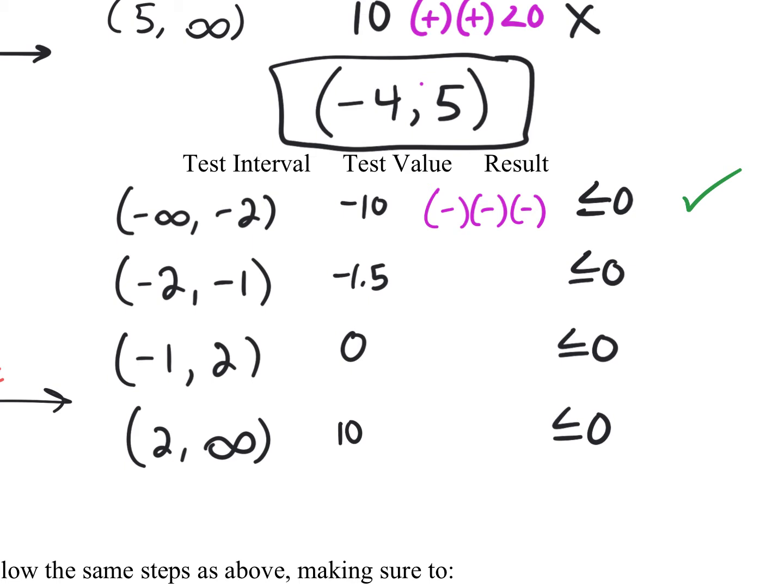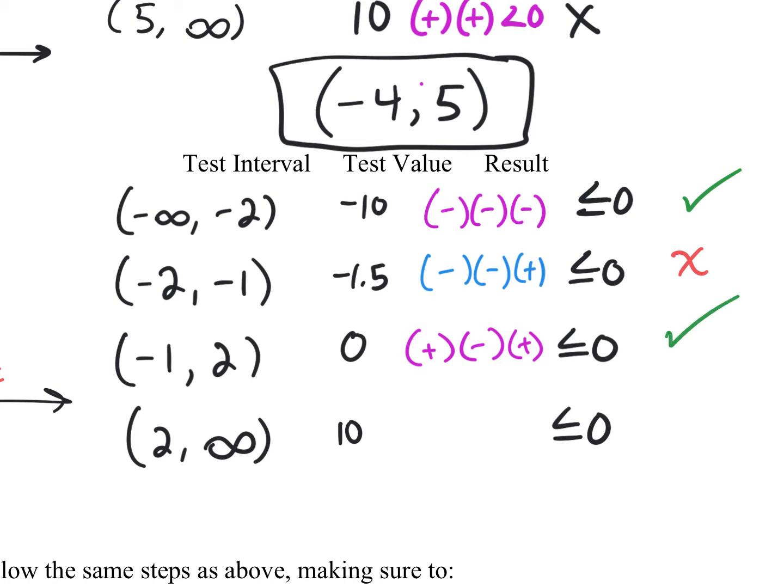My next test is going to give me a negative value and a positive value. Right, one of my factors would be positive, so therefore this set would not be part of my solution. My next set, if I plugged in 0, I'd get a positive times a negative times a positive, with a single negative value.